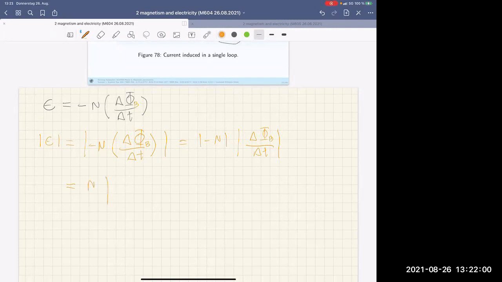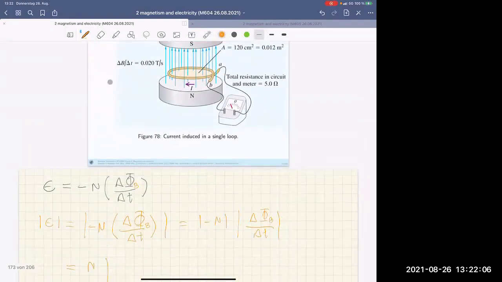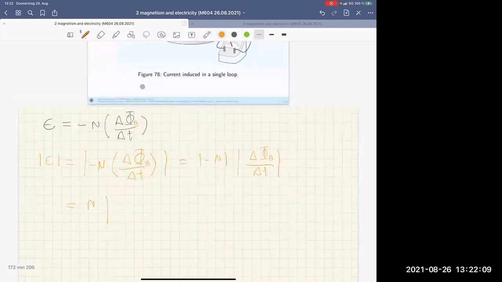So he said that there is a change, but it's not the flux change, it's delta B per time, right? So we have to consider delta phi B, but phi B is B A cosine phi, right? Phi is the angle between the normal vector of that area and the magnetic field direction.